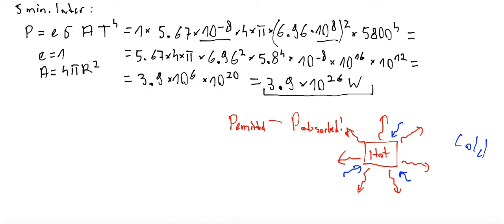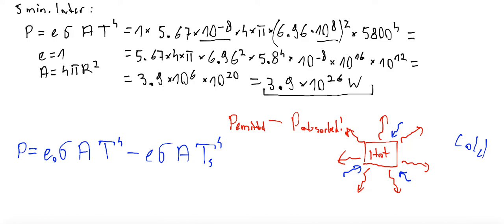To find this power, you multiply the emissivity of the object times the constant times the area of the object times the temperature of the object to the power of 4, minus the emissivity of the surroundings times the constant times the surface area of the object, because the object absorbs, times the temperature of the surroundings to the power of 4.